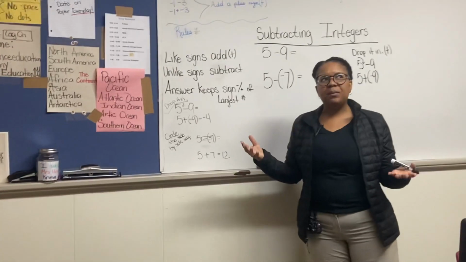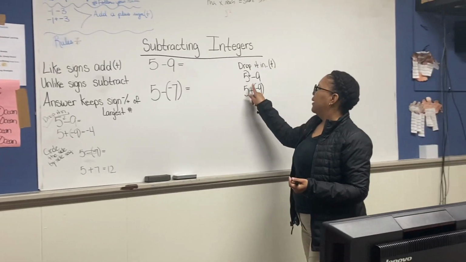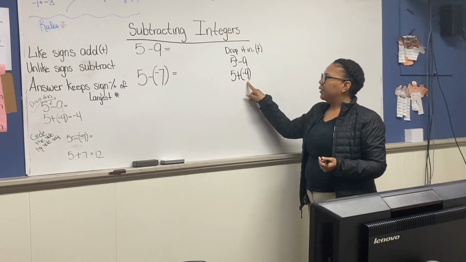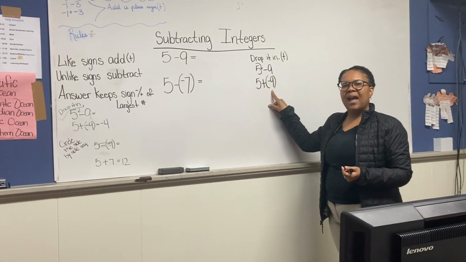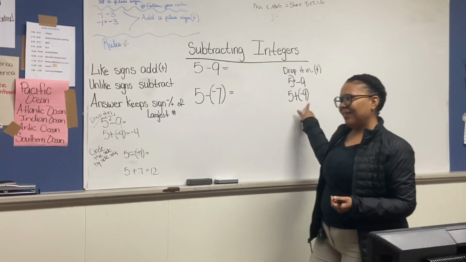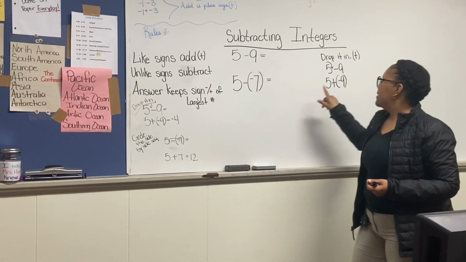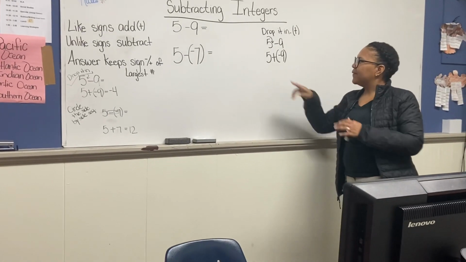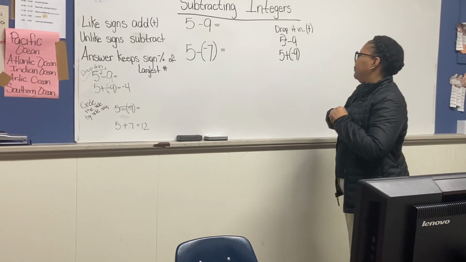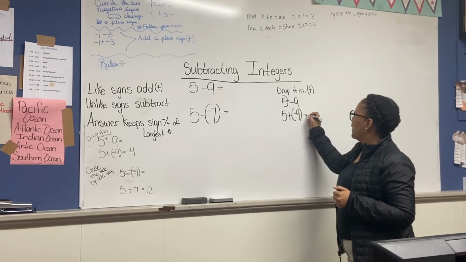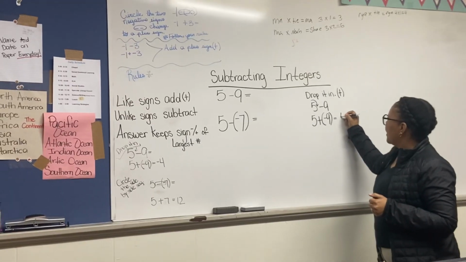So we need to determine, are these signs alike? 5 and a negative 9, are they alike? Nope, they are not alike. So unlike signs subtract. So that means we need to subtract. So if we subtract, we know that the answer will be 4.